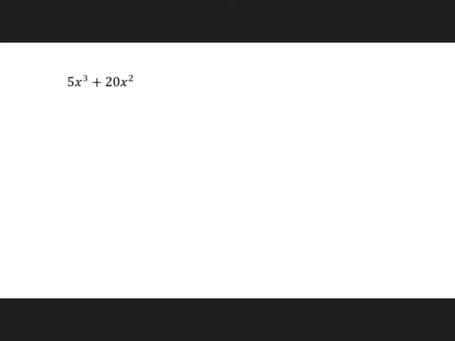So I'd like you to see if you could find the greatest common factor between these two terms on your own. And then when you're ready, go ahead and see how you did. So between 5x cubed and 20x squared, we could write this as 5 times x times x times x plus 4 times 5 times x.